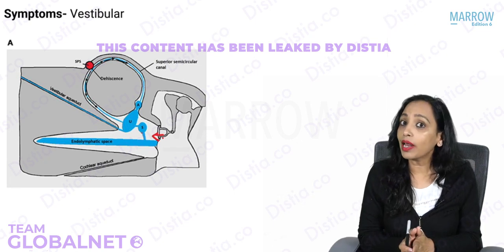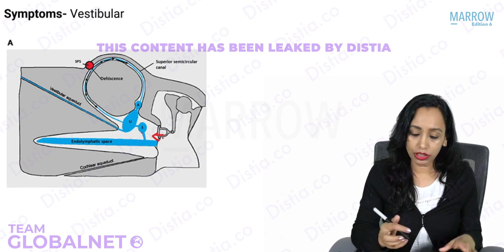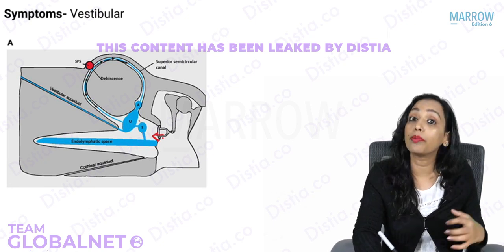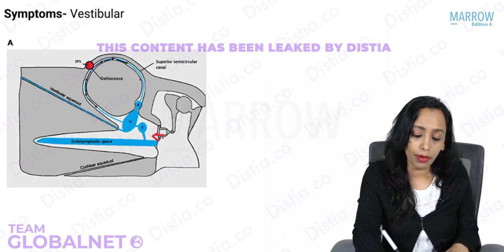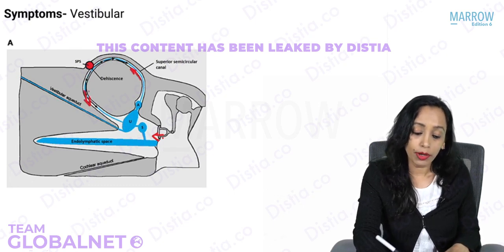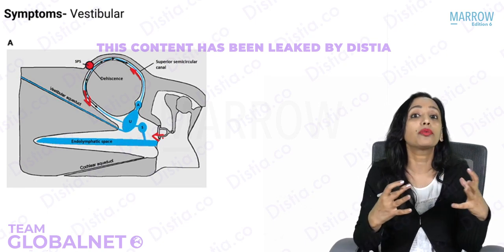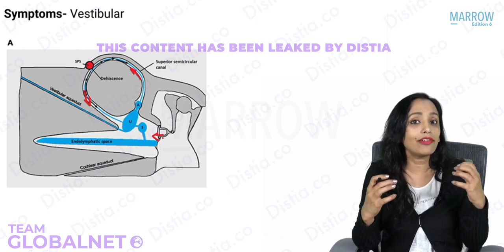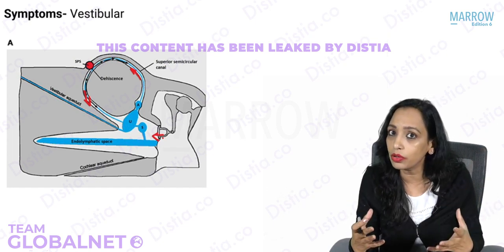Now, what happens when there is an abnormal opening there? These loud sounds are able to abnormally hyperstimulate the labyrinth because of abnormal movement of the endolymph, because of another mobile window that will abnormally stimulate the superior semicircular canal, and they will stimulate it so much that it can lead to vertigo.